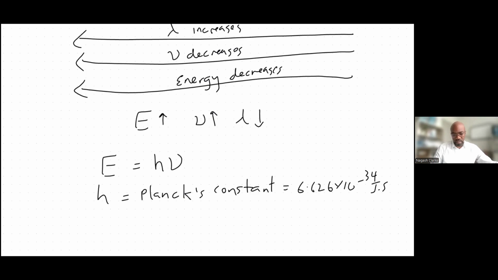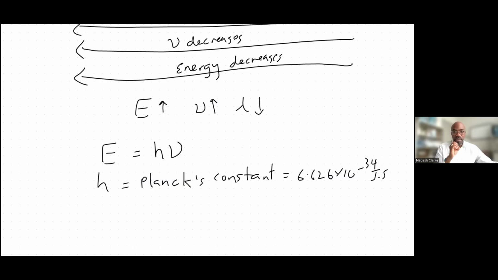Planck was a scientist who did a lot of work in quantum mechanics, and he came up with the idea of quantum, meaning these packets of energy that are emitted from matter or absorbed by matter. When we see light coming from a light bulb, it comes out in these discrete amounts of energy.